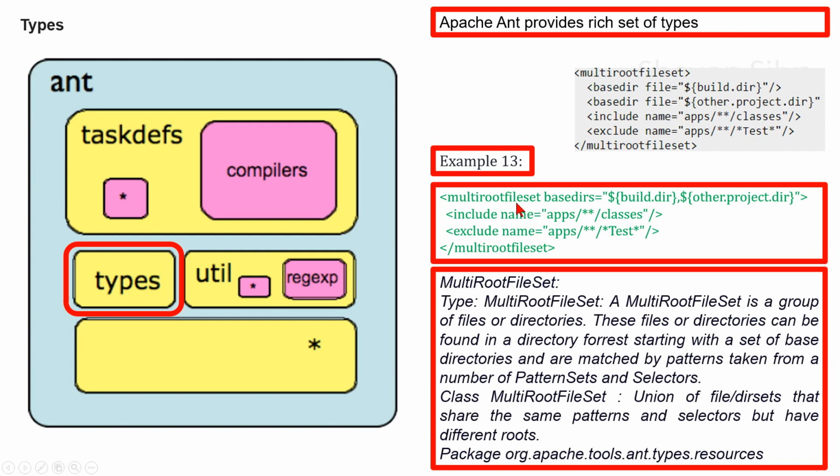Here it groups all files inside classes found under the apps directory of ${build.dir} or ${other.project.dir}, except those that have the text test in their name.